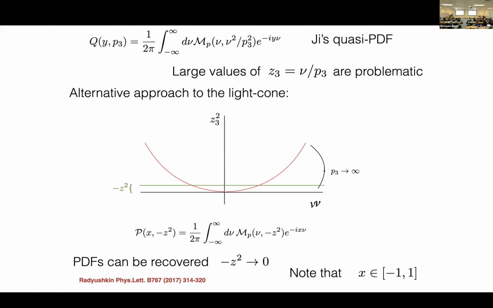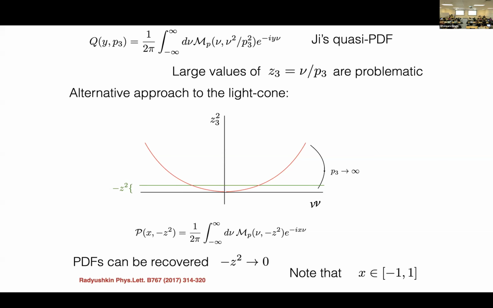And let me make a remark here about this original idea of this high momentum, infinite momentum limit of the lattice calculation. You would obtain the PDF as a Fourier transformation with a slightly different combination of variables here.